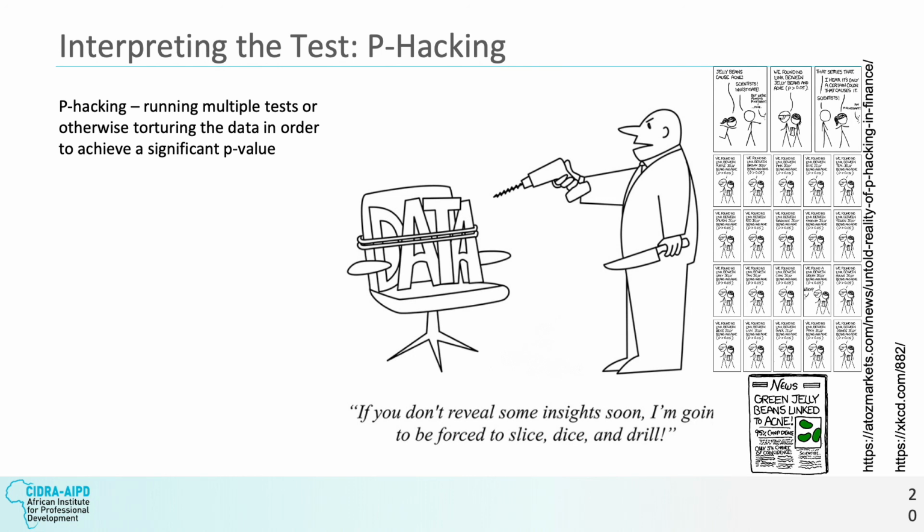But much like torture in real life, just because the data tells you something doesn't mean it's true or valuable. For a detailed example of how multiple testing can lead to p-hacking, I suggest you read the XKCD cartoon on this slide. The URL is xkcd.com/882. The bottom line is, don't torture your data. It deserves better.